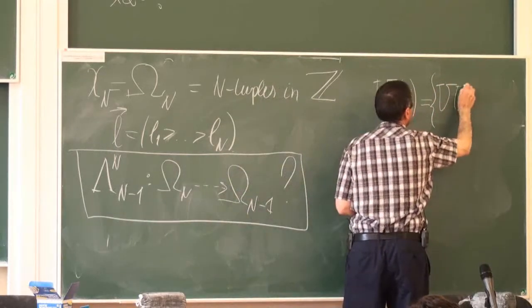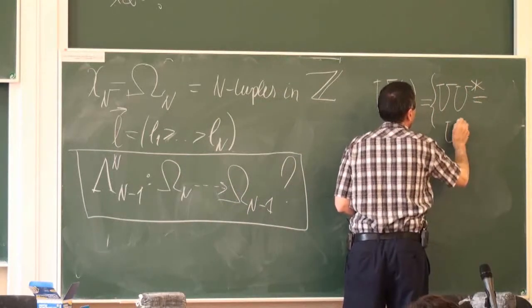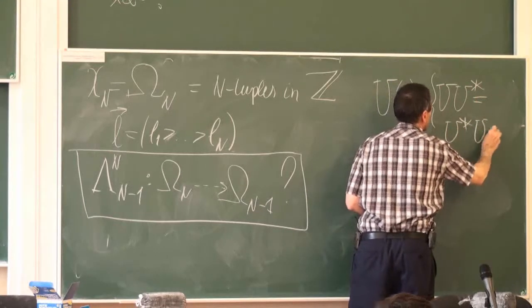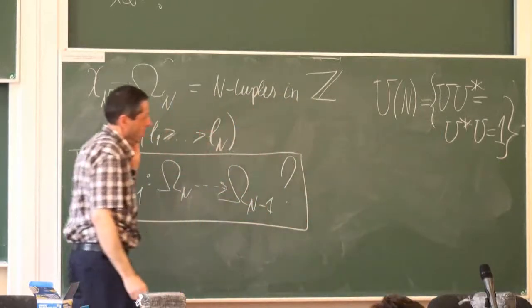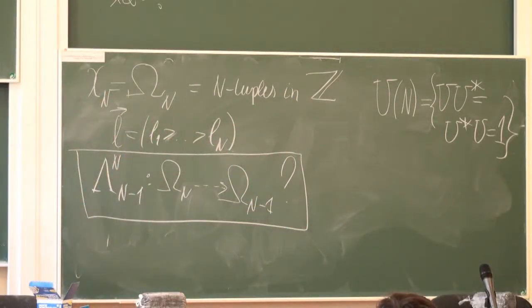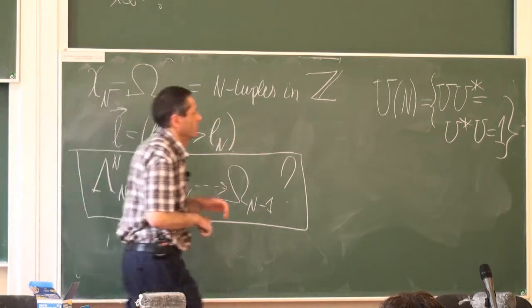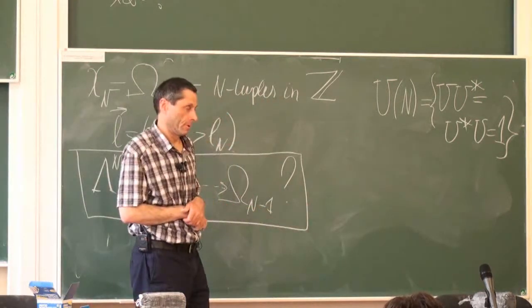I recall a matrix is unitary if it satisfies this equation. This is a compact group, and we are interested in its irreducible representations. I don't need substantial information about the structure of representations, how to construct them. The only thing that I would like to use is a parameterization of the irreducible representations.